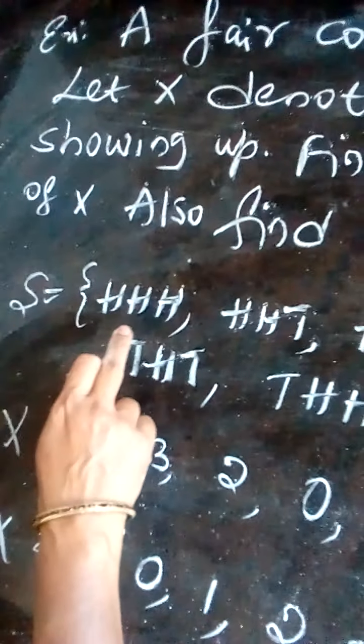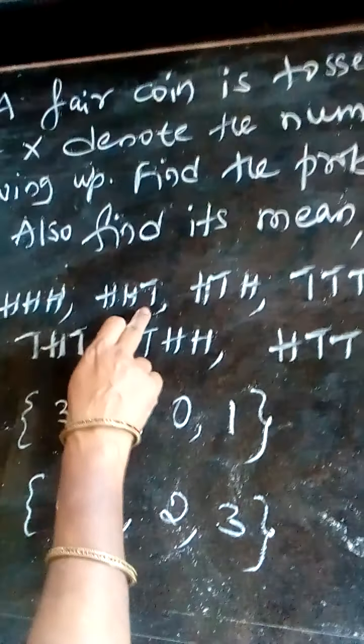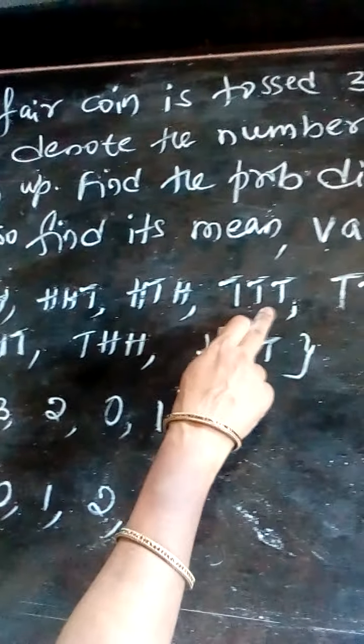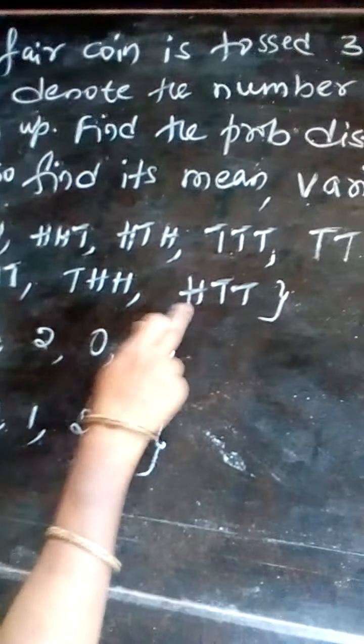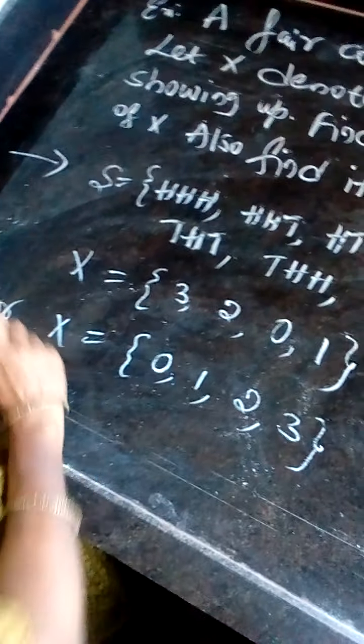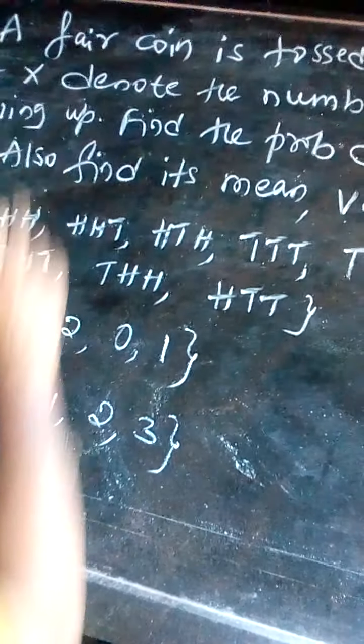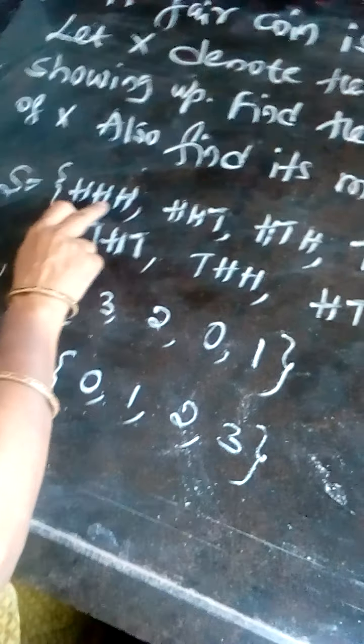When a fair coin is tossed 3 times, the possible outcomes we get are HHH, HHT, HTH, TTT, TTH, THT, THH, HTT. So in total we get 8 possible outcomes in the sample space S. Here x denotes the number of heads showing up. Three heads gives the value 3.